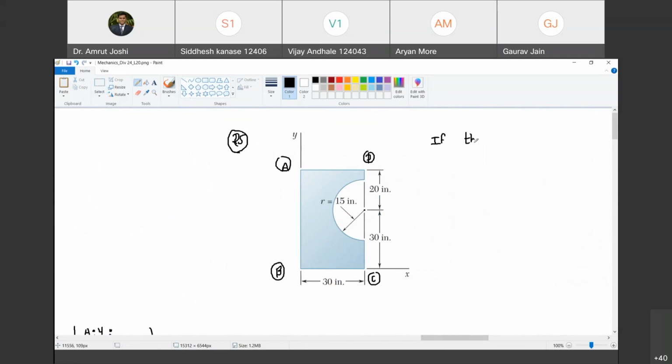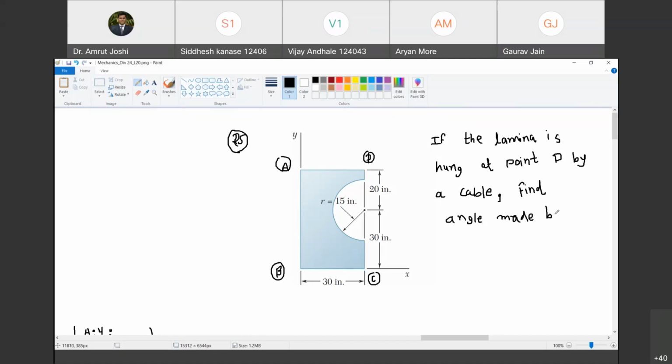And now I am going to add a question. If the lamina is hung at point D by the cable, find the angle made by AB with horizontal.